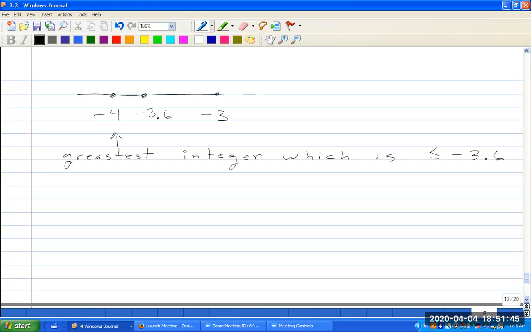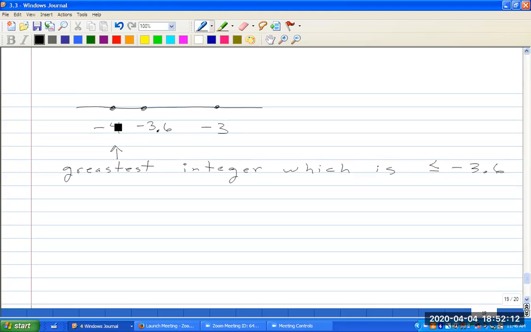And that's how I got that the greatest integer for negative 3.6 was negative 4. The greatest integer function always moves the number to the left. It's the nearest leftmost integer.